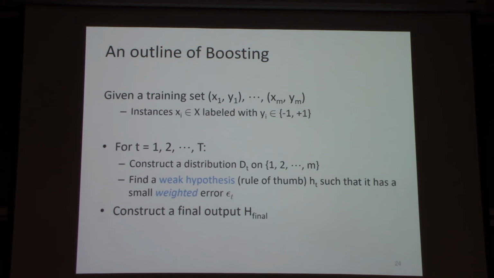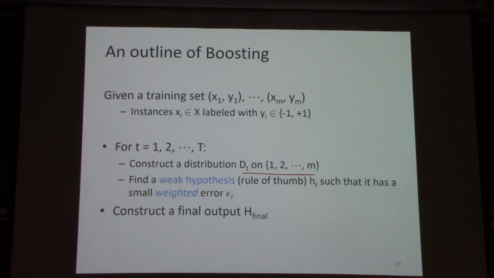Here's an outline of the boosting situation. You have a training set, again the same situation as always. You have instances x_i, and we have binary classifiers, so each of the y_i's are plus ones and minus ones. Boosting proceeds in rounds. At each round, you construct a distribution D_t on the m examples.